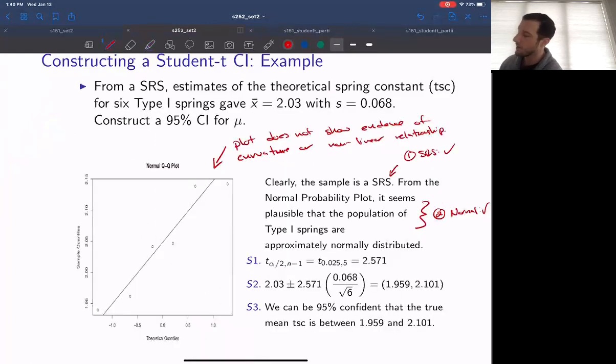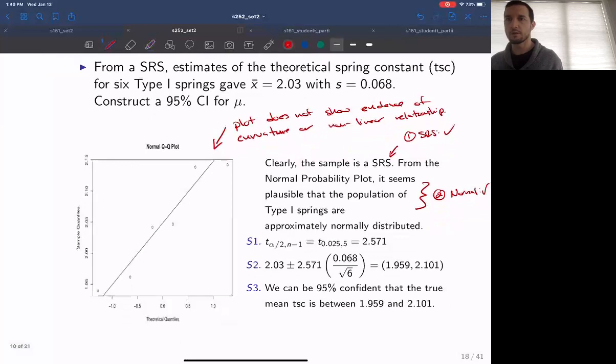Okay. Now we simply have to plug into our expression. So we have x bar plus or minus the t value multiplied by s over the square root of n. So plugging in the values from our example, we end up with an interval of 1.959 to 2.101. So then on step 3, we can be 95% confident that the true mean, or the population mean theoretical spring constant, is between 1.959 and 2.101.